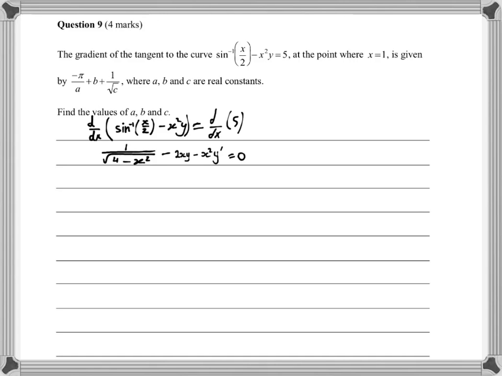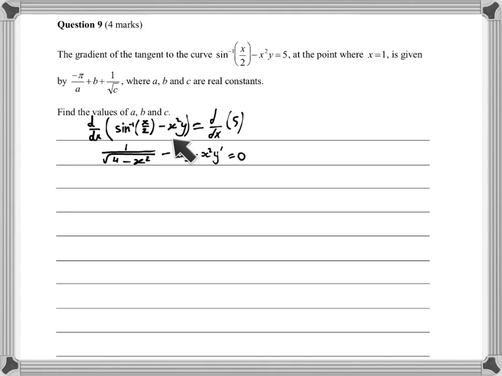We get this. Now that there is your derivative of inverse sine, and you can look that up in your formula sheet at the back of the exam. Now here, that derivative is found by doing the product rule of this.